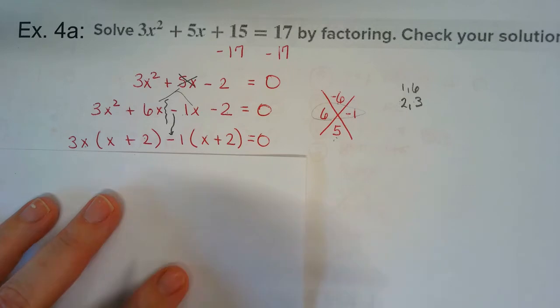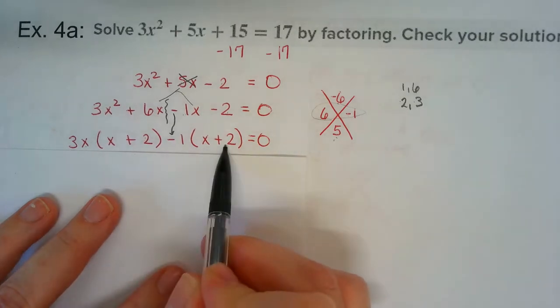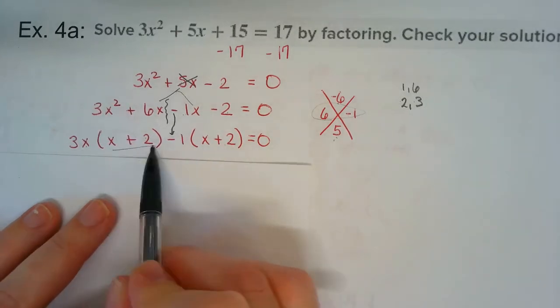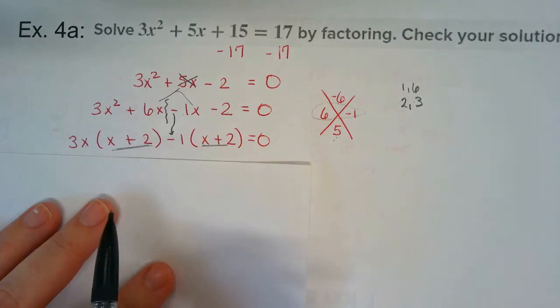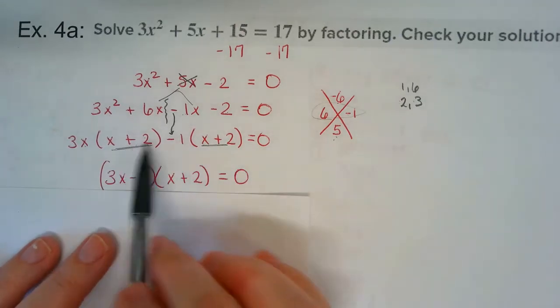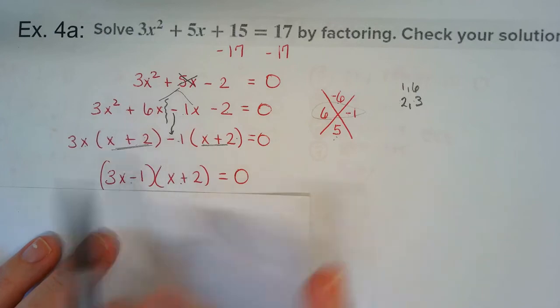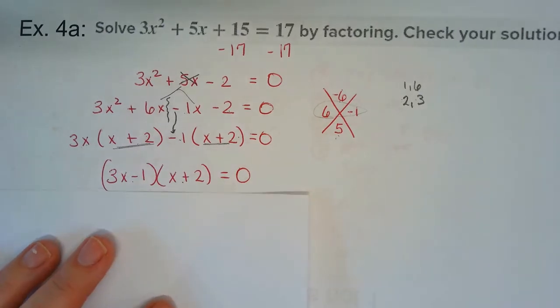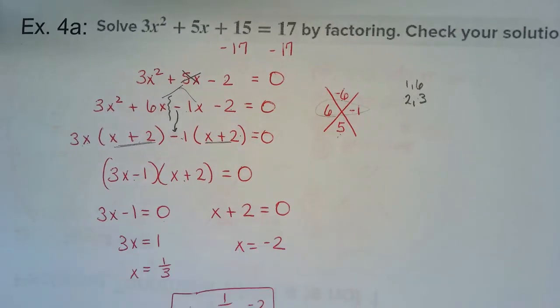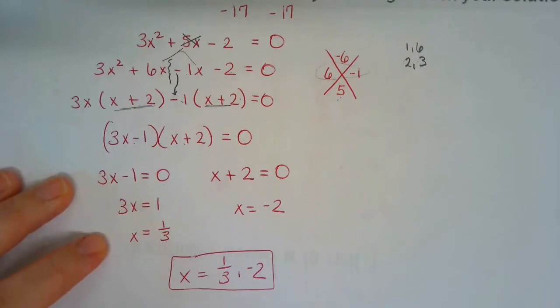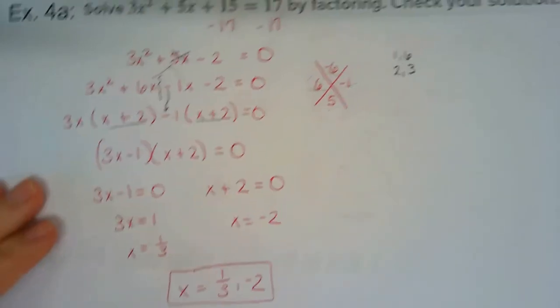Okay, automatic. So I take out a negative 1 and x plus 2. If you don't do that, then these two won't match, and then you'll be in a problem. Okay, so one of your groups is x plus 2. The other group is going to be 3x minus 1. Set them both equal to 0 and solve. So you should be getting 1/3 and negative 2.